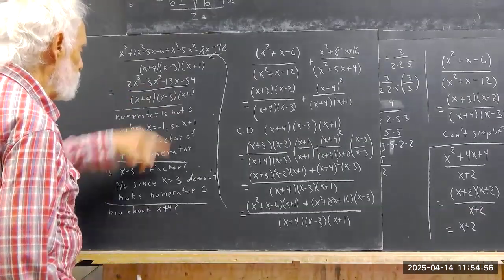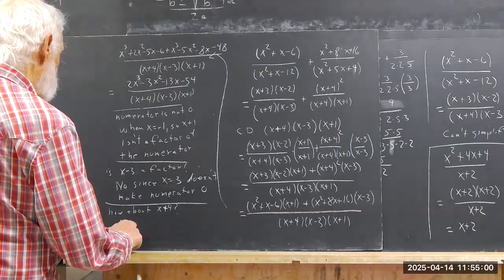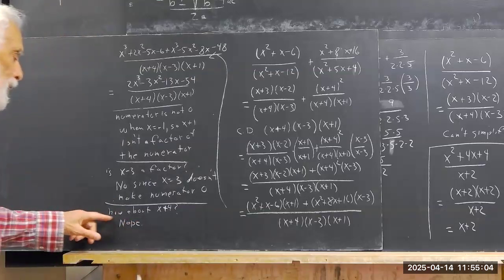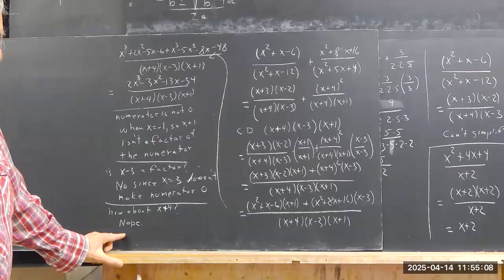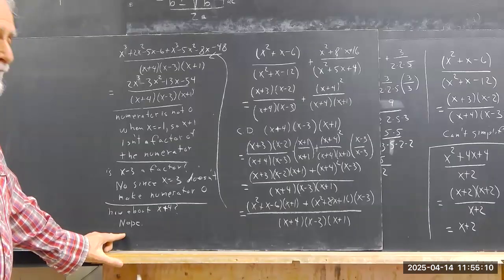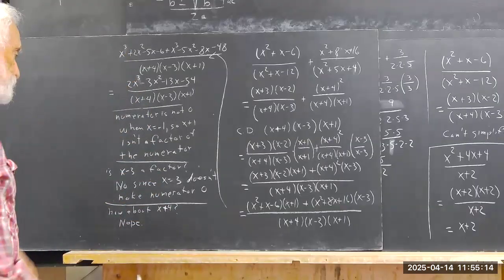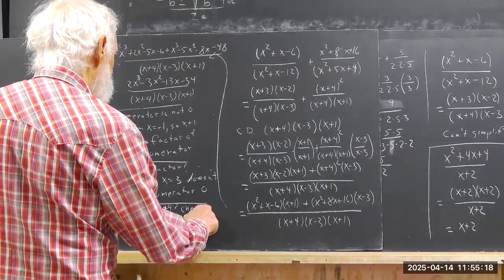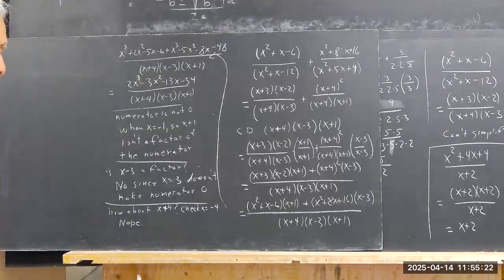Bottom line, if you plug x equals -4 in, I'm just going to say, how about x plus 4? And my answer is nope. And again, you can plug -4 in here. Maybe I should write, let's check x equals -4.